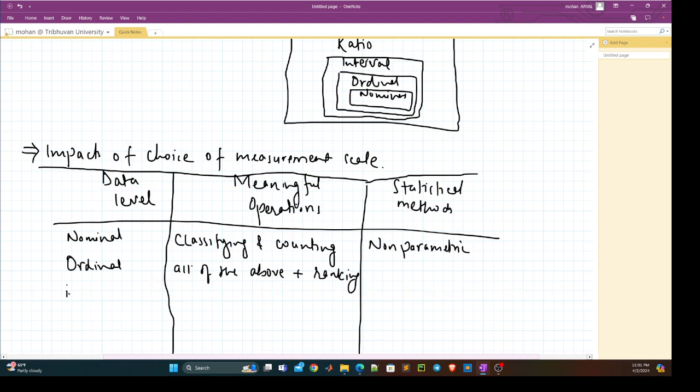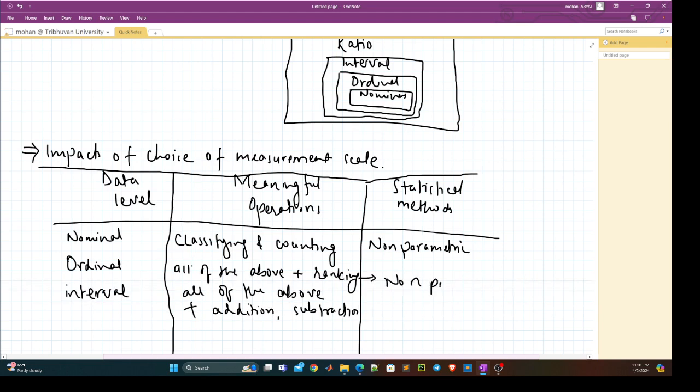In interval, all of the above plus you can do addition and subtraction. In ordinal you use the statistical method known as non-parametric.